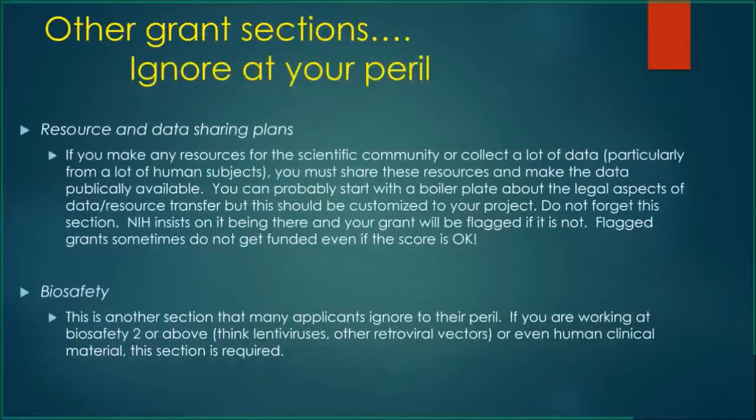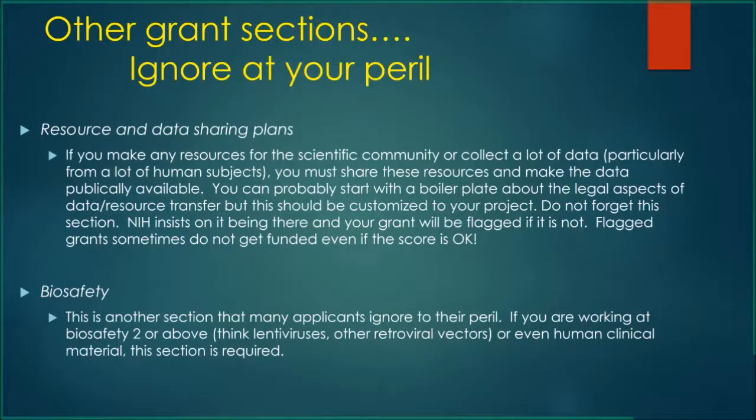Okay, so a few other things that people tend to mess up are things like resource and data sharing plans. This applies if there are any resources for the scientific community or you collect a large amount of data, particularly from a clinical trial or a lot of human subjects. There are rules that if it's funded by the feds, you must share these resources and make the data publicly available in some way, shape, or form.